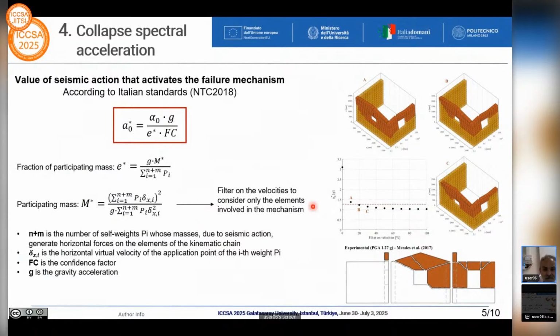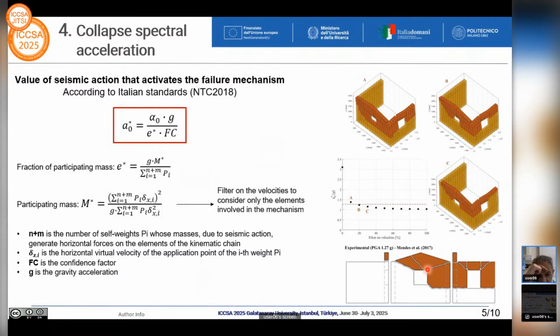So on the right you can see an example, a prototype that was tested some years ago on a shaking table in Lisbon, and we have here a comparison between the failure mechanism found with limit analysis and those found experimentally.